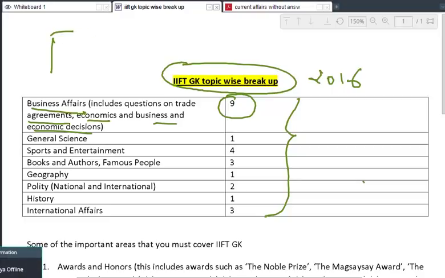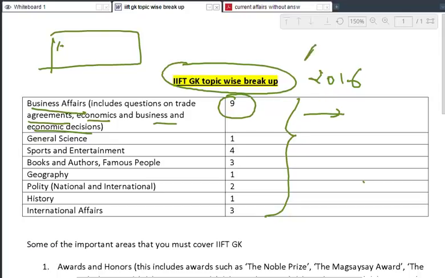Even if you have only one particular piece of information and you don't know the others, you can still get the question. So understand that business affairs will always carry much of the weightage, and these are not very intricate questions. Take some of the broadly discussed issues: the railway budget this year. What was the most important highlight?